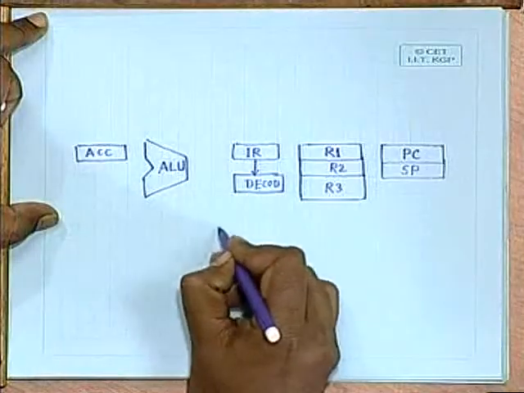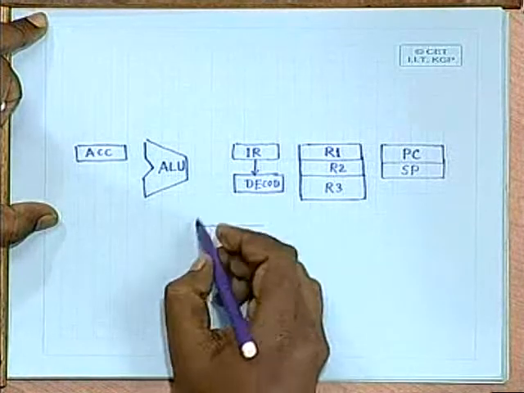So, within the CPU, I must have another unit which is called a timing and control unit.